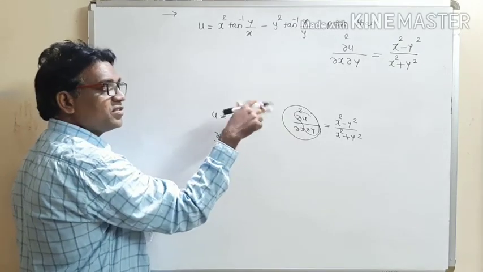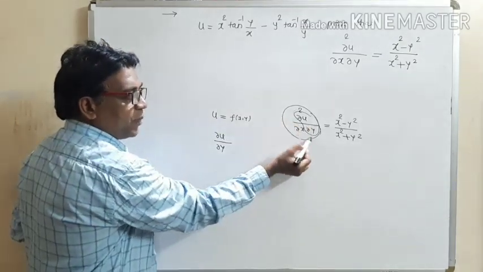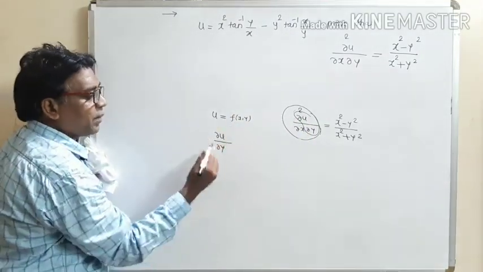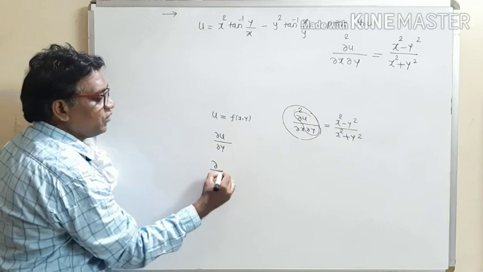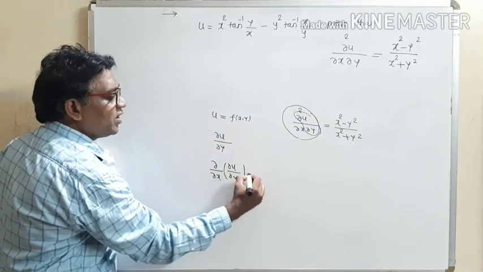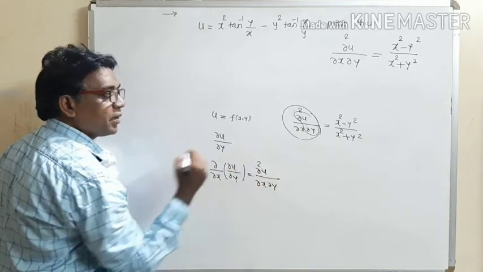See how to find out this total quantity. First of all, find out this ∂u/∂y, and differentiating this ∂u/∂y partially with respect to x. That means we get this total value ∂²u/∂x∂y.